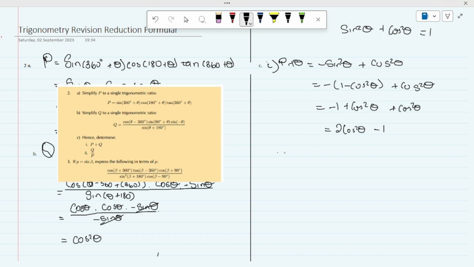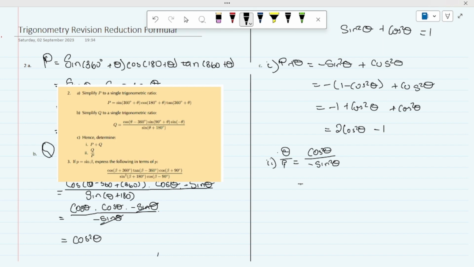So for number 2, it says find the value of Q over P. So the value of Q over P is going to be cos squared theta over minus sine squared theta.